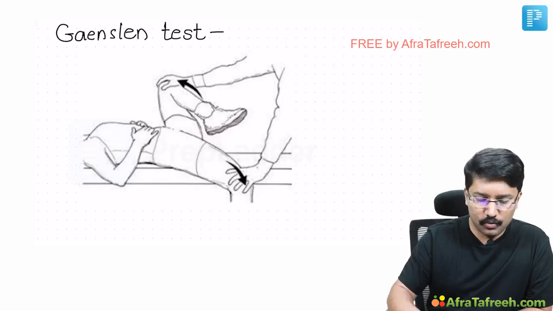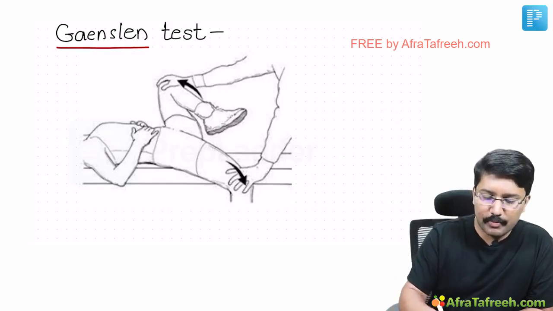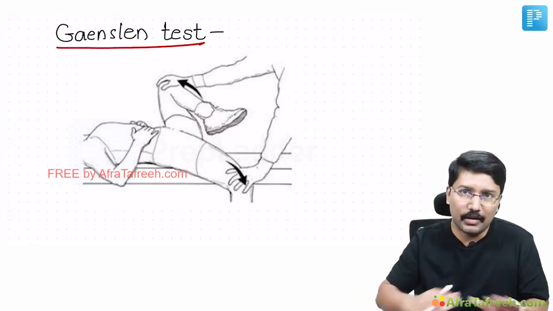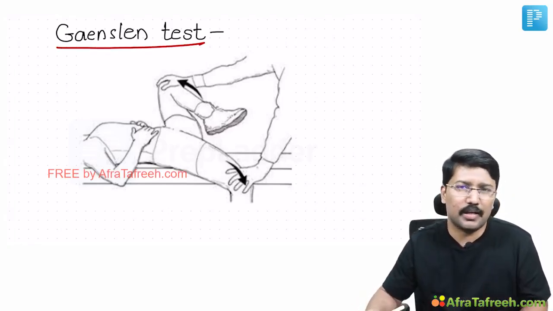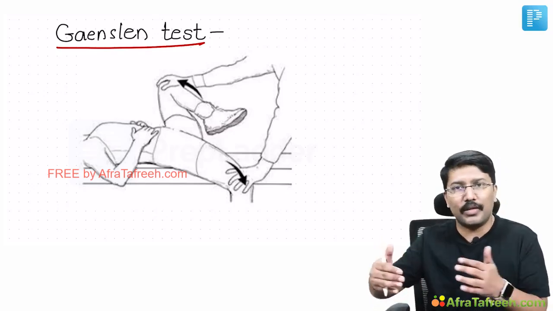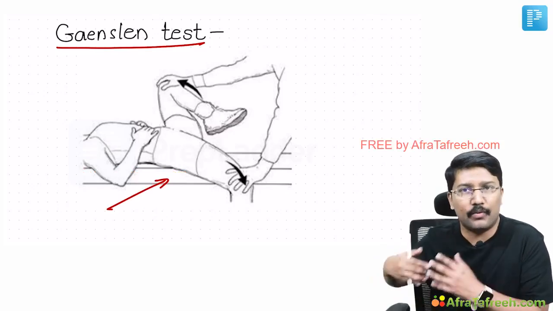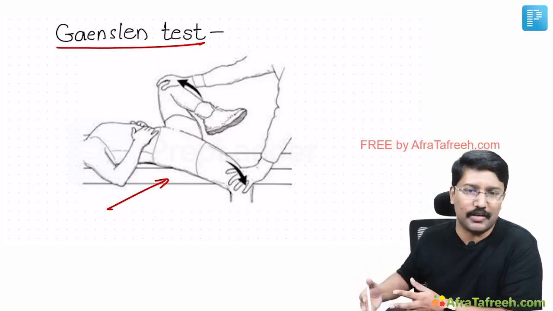The other test we can do is the Gaenslen maneuver or Gaenslen test. What do we do in this? Here also we make the patient lie down on a flat surface or examination table, and we bring him to the edge of the table, like you can see in this image, and we make one limb hang down from the edge of the table.